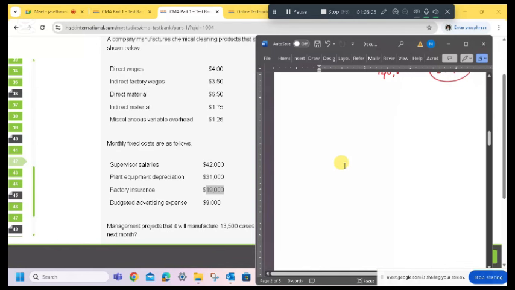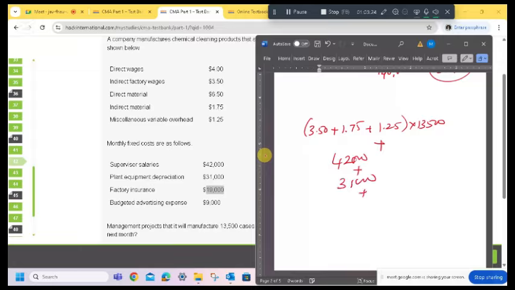So can I say this? 3.5, 1.75, 1.25, all this will be variable. 3.5, 1.75, 1.25 into 13,500 cases plus 42,000 plus 31,000 plus 19,000.